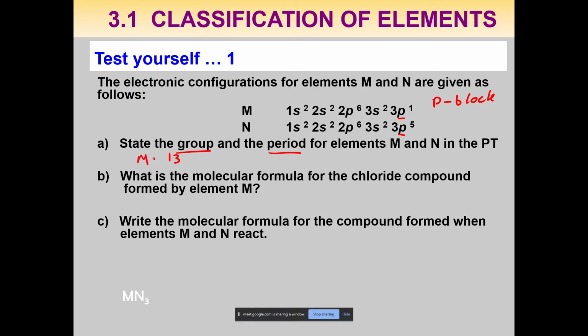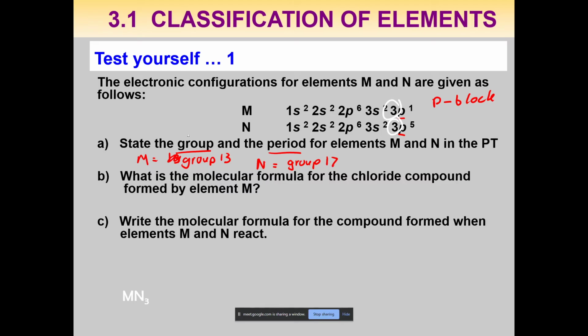For M, group 13. And then N is group 17. And then for the period, what do you look at? Period 3. Yes, the highest principal quantum number.